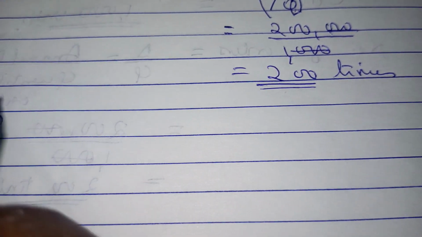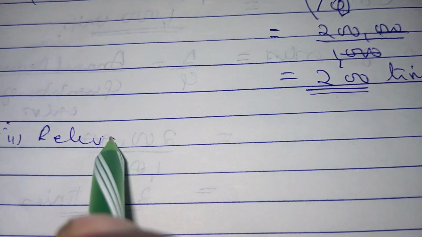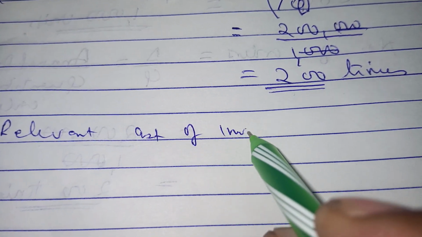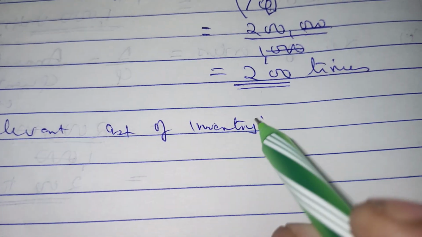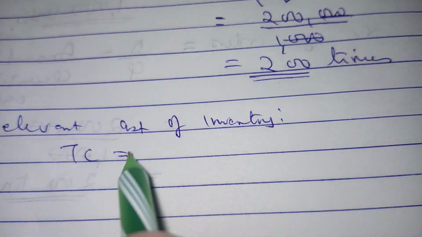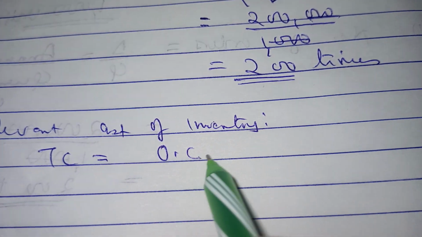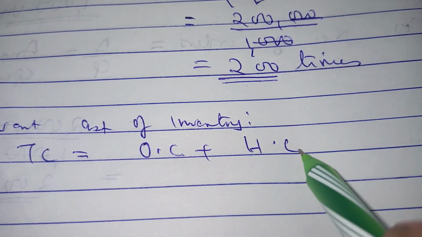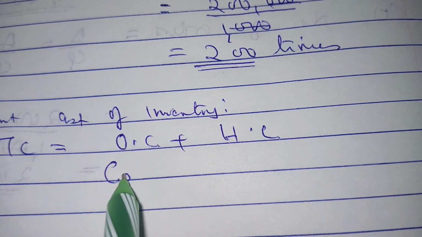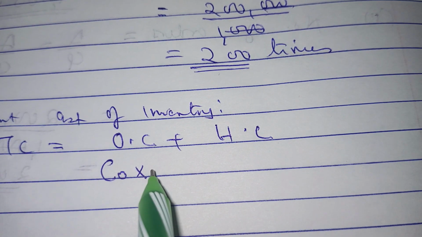All right, number three, we're supposed to get the relevant cost of inventory. Relevant cost of inventory is given as the total cost of inventory, which is ordering cost plus holding cost, where the ordering cost is simply the cost per order multiplied by the number of orders.